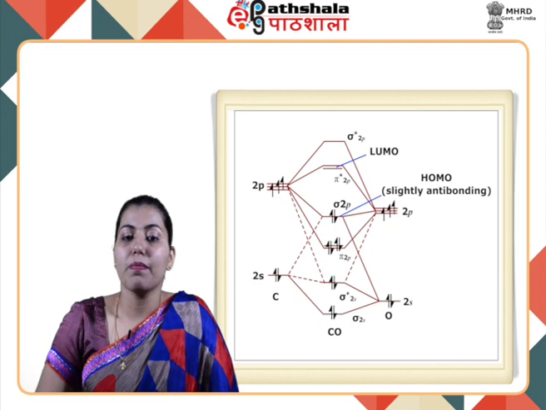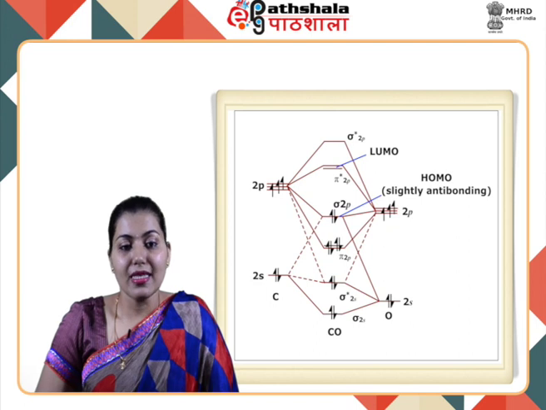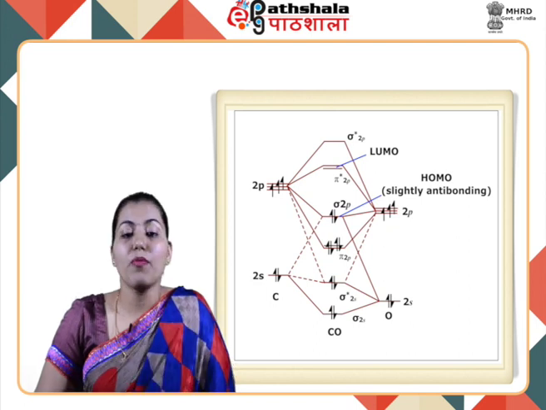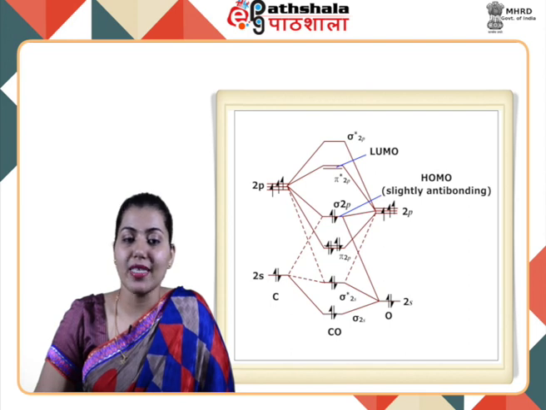The bonding pi orbital of the molecular orbital is populated and is largely localized on the oxygen atom because oxygen is more electronegative as compared to carbon.